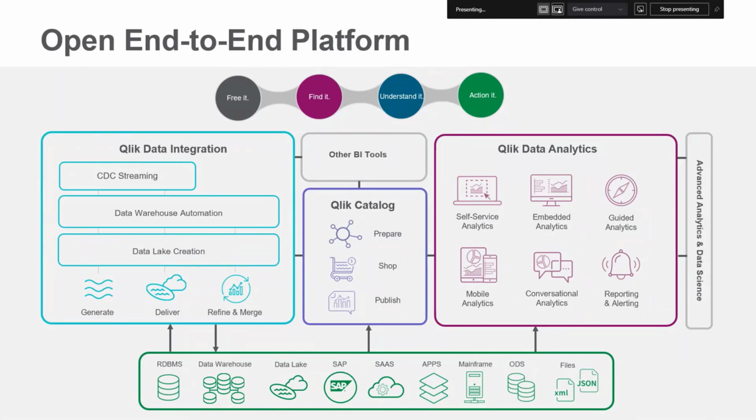So really what we're providing here is a capability to simplify the way you do ingestion of data. And building on top of that ingestion capability, we provide the ability to automate new cloud data warehouse technologies.